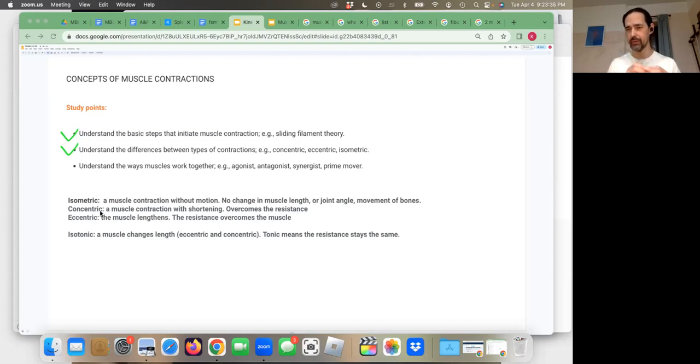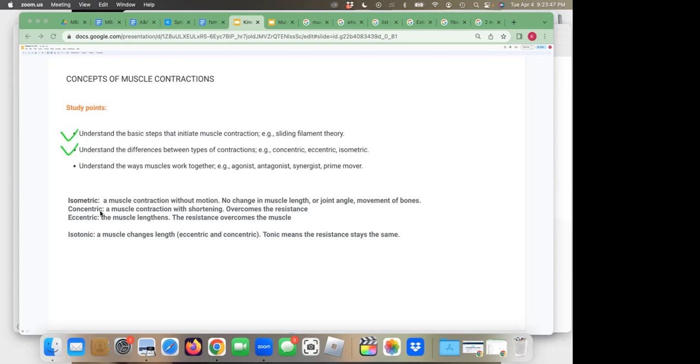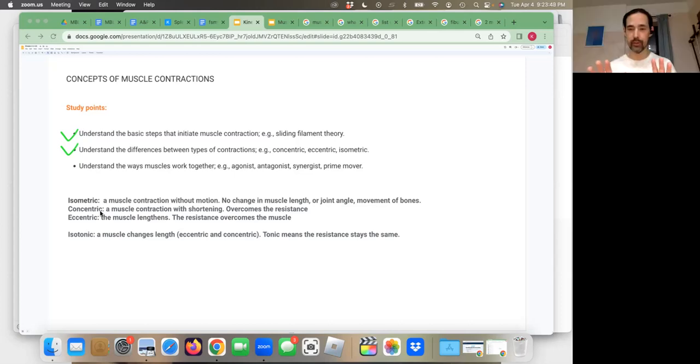Imperial, where you use inches, feet. Two different ways of measuring length. So ISO, isolated, staying the same. Metric, a way of measuring. Isometric. Isometric is the opposite of eccentric and concentric.